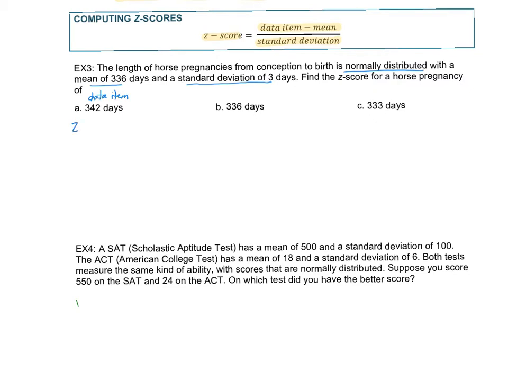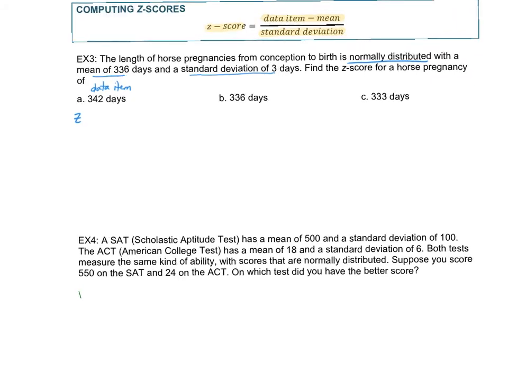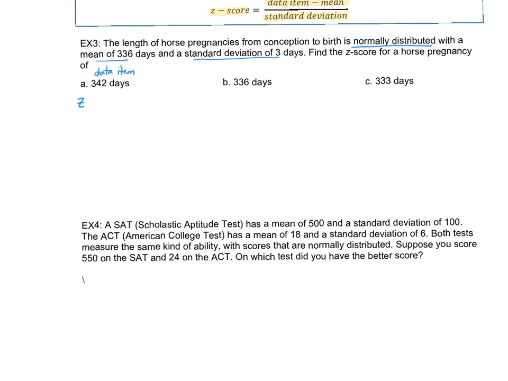So to compute the z-score, and here we use z for z-score, for 342 days, oftentimes when we're computing the z-score, we'll have the data item below as a subscript. So the z-score for the data item of 342 is equal to the data item of 342, subtract the mean of 336, and then we divide by the standard deviation.